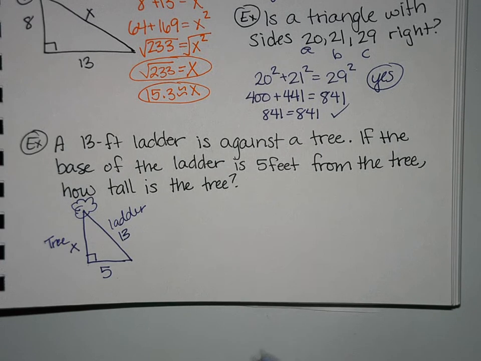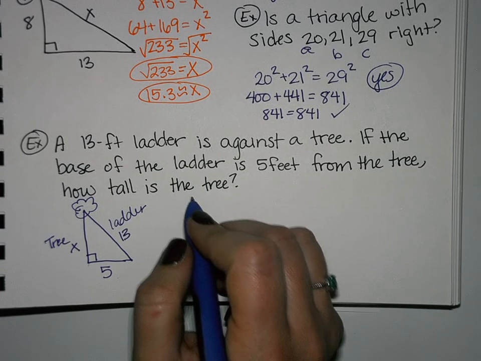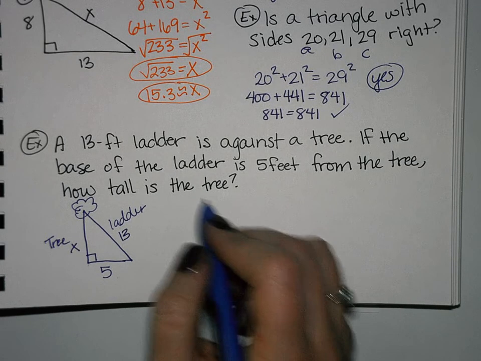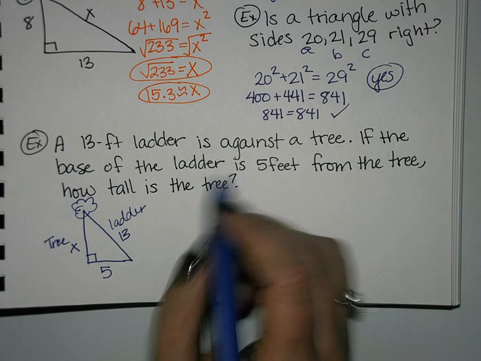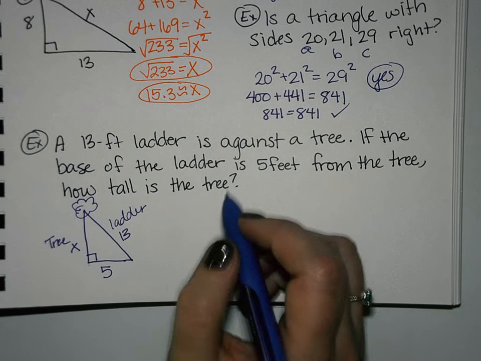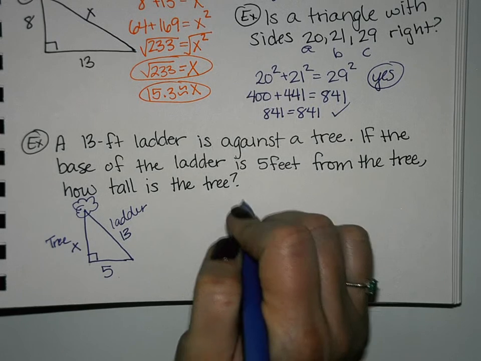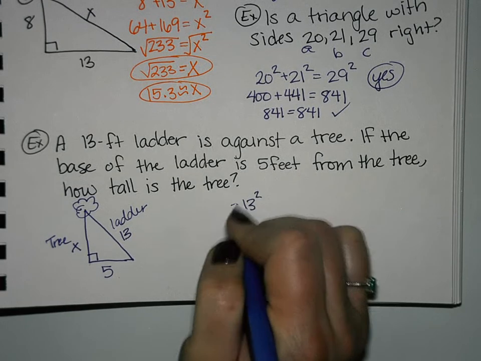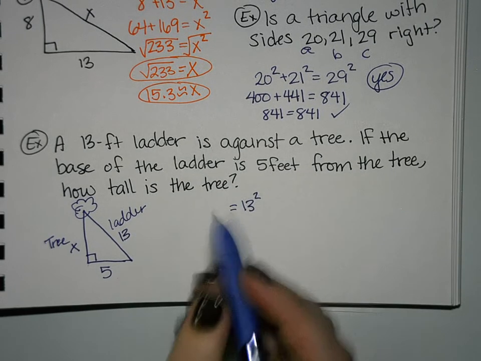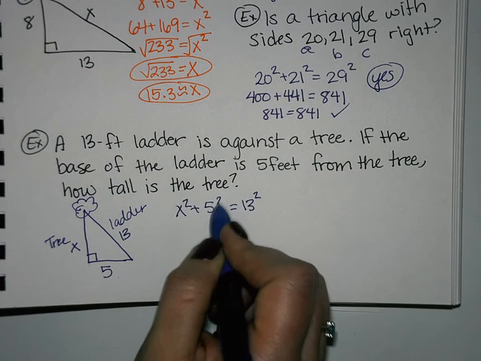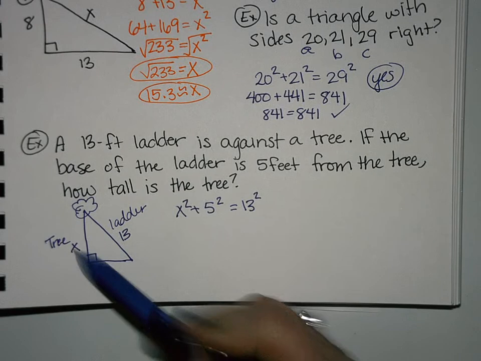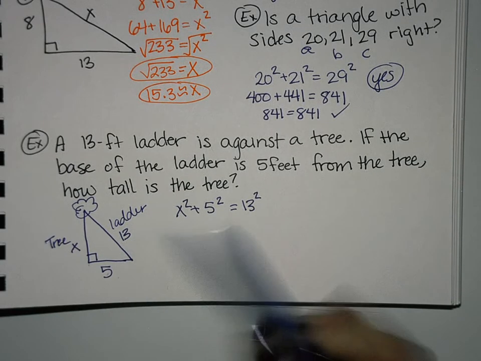X squared plus 5 squared equals 13 squared. Set it up the same way. So what's our C? 13. So we'll have 13 squared, which has to go by itself. Then we're going to add the other two, x squared plus 5 squared. So we have our leg squared plus leg squared equals hypotenuse squared.